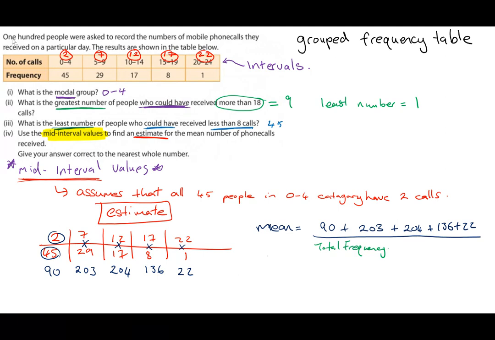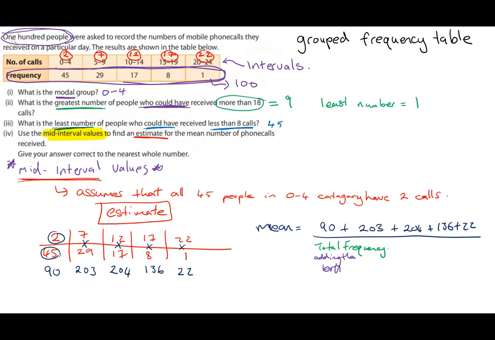I know there are 45 people, then 29 people, then 17 people, then 8 people, and then 1. When I add up all of those people, I get 100. I'm actually told there are 100 people, but the total frequency I can always get from adding the bottom of the table.